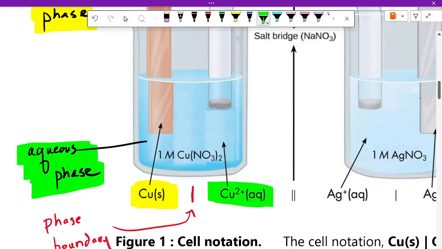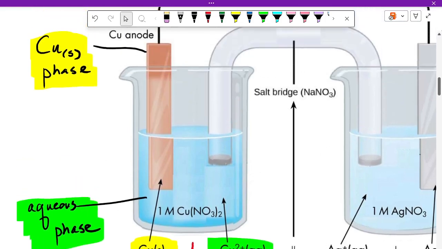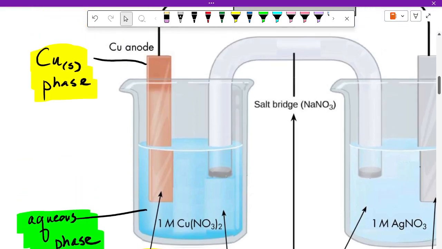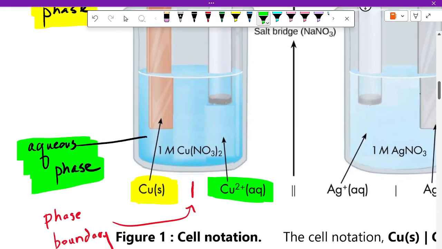Now, a double vertical line stands for the salt bridge. Or if you have a porous barrier or a piece of filter paper or a porous cup, that's the double lines. It's whatever the ions are passing through. So those are your double lines. That is your salt bridge.